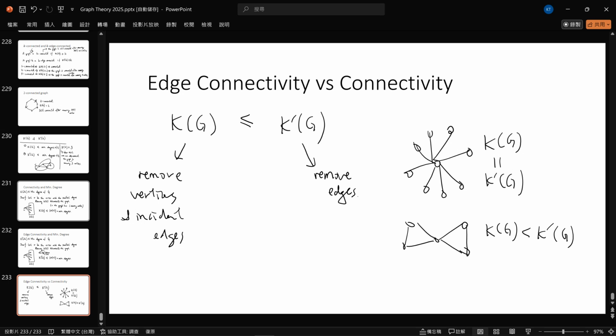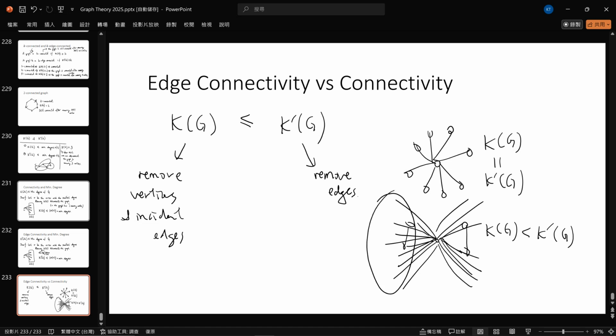I think it's easy to see that we can actually increase the edge connectivity here by introducing more edges to increase kappa prime G, like this. It can be many edges. So it's like a butterfly, right?